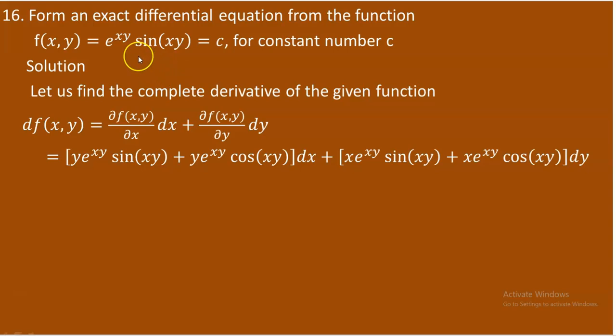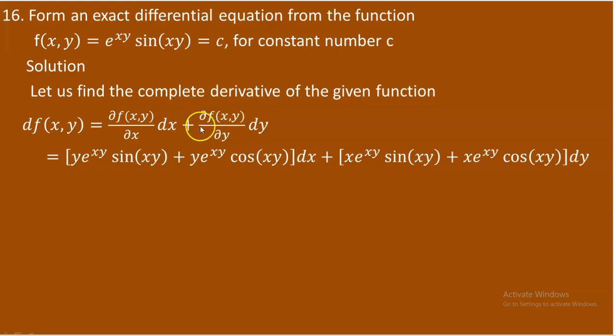Now it's sine xy's turn to be differentiated, so we take e to the power of xy as it is. As we differentiate sine of xy, the derivative of sine makes cos, so xy comes as it is. But we need to again differentiate the inner one using the chain rule. We differentiate the inner one, xy, with respect to x, so y comes down. So y e to the power of xy cosine of xy, and then dx follows here. Then we have a plus because of this.